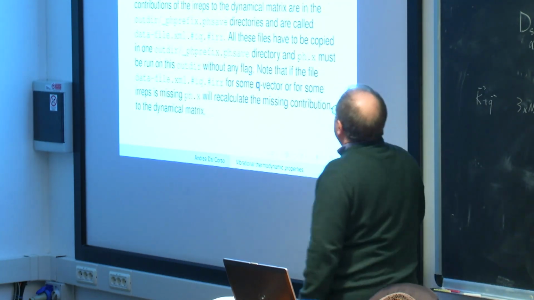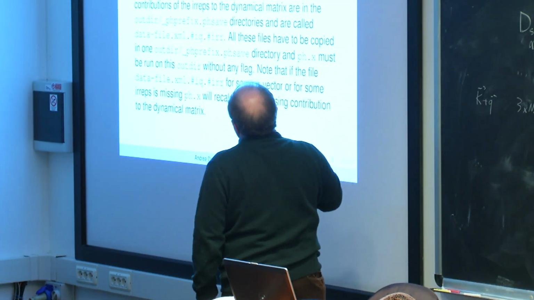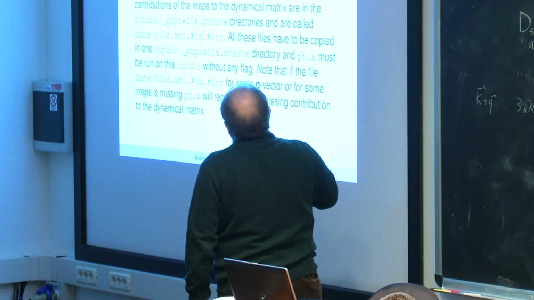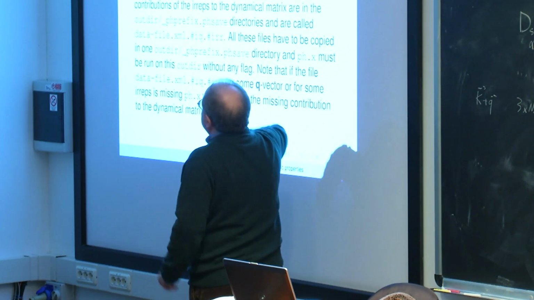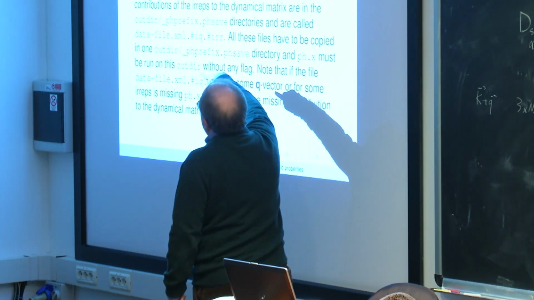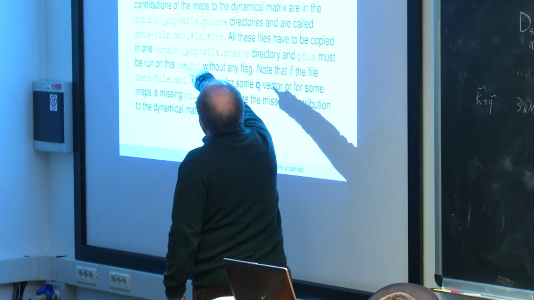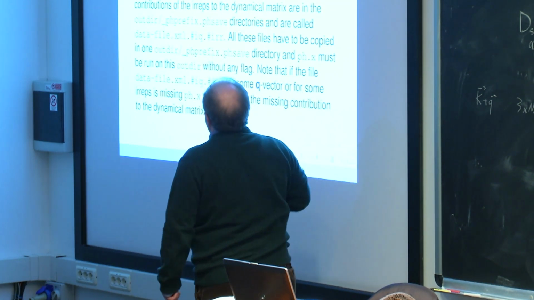So the point is that when you parallelize on the Q point and on the irreducible representation, the code produces its partial dynamical matrix files in the scratch directory, inside the directory called .phsave.